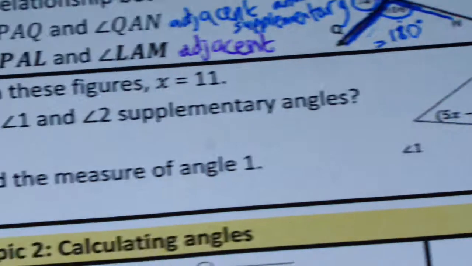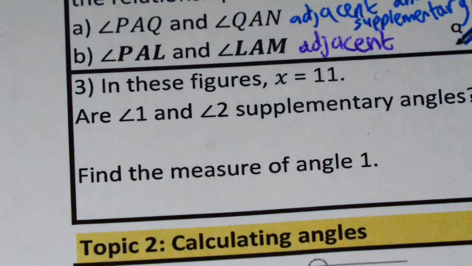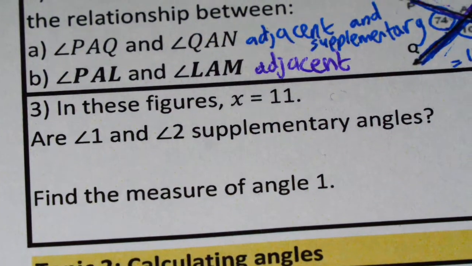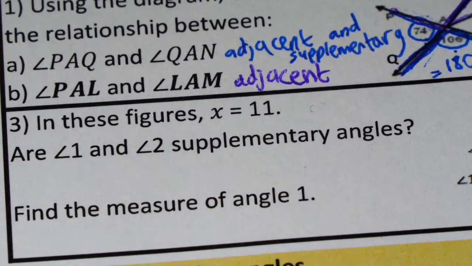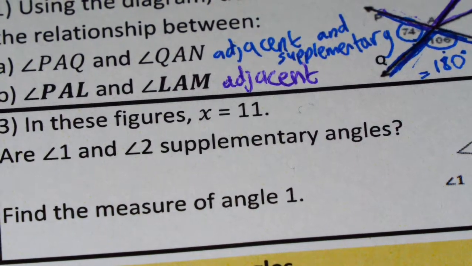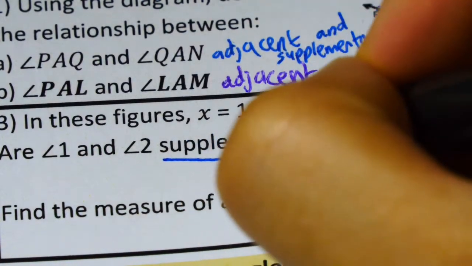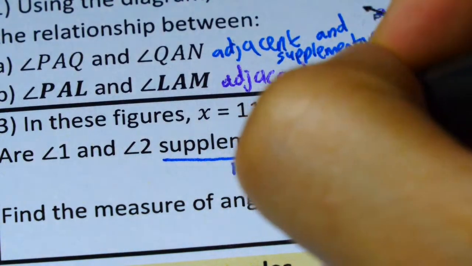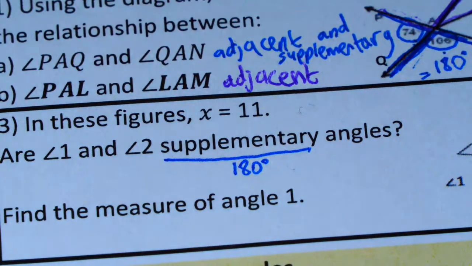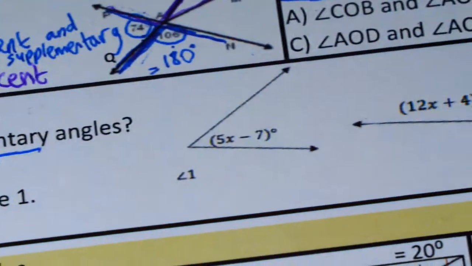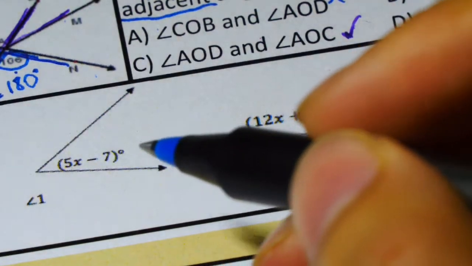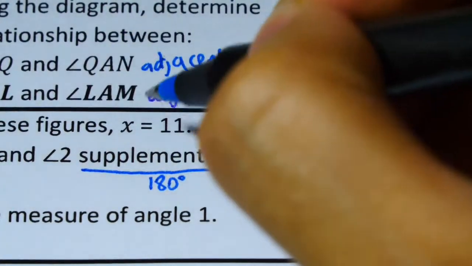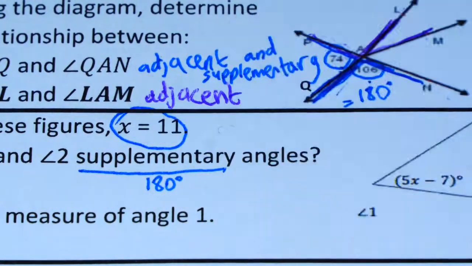Okay. Question number 3. In these figures, x equals 11. Are angle 1 and angle 2 supplementary angles? So supplementary, if you remember, means it makes 180 degrees. So if we look at these angles here, 5x minus 7, and the question says x equals 11.